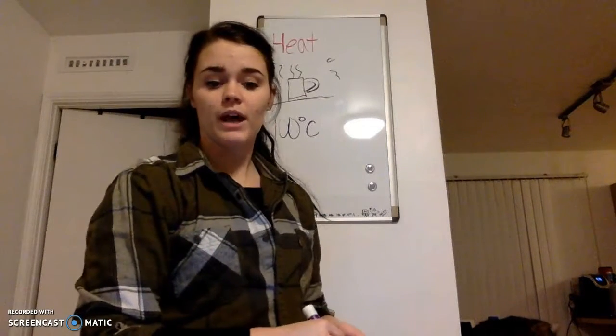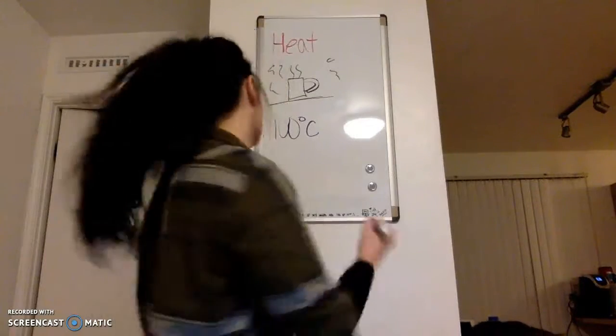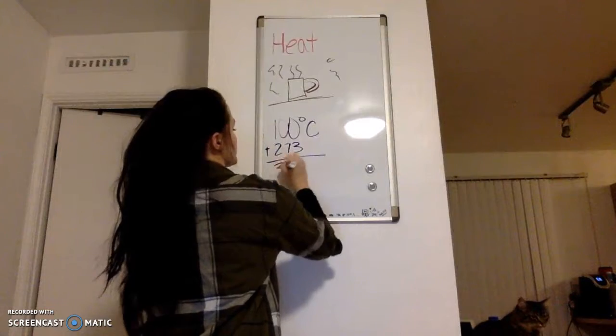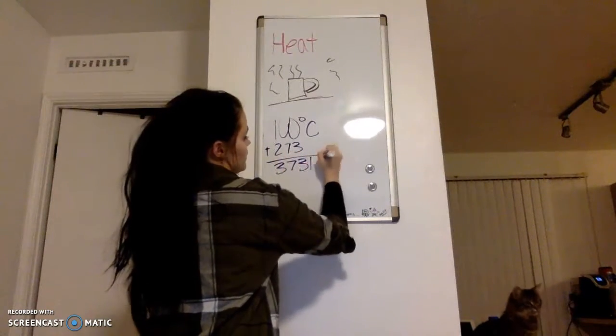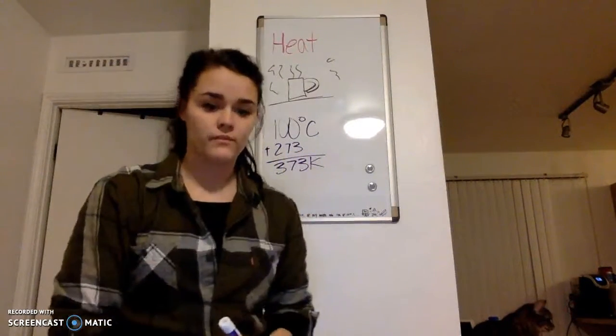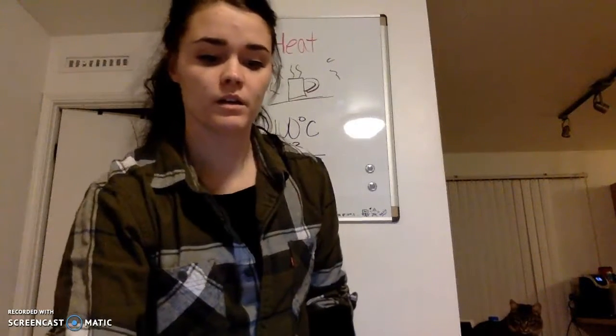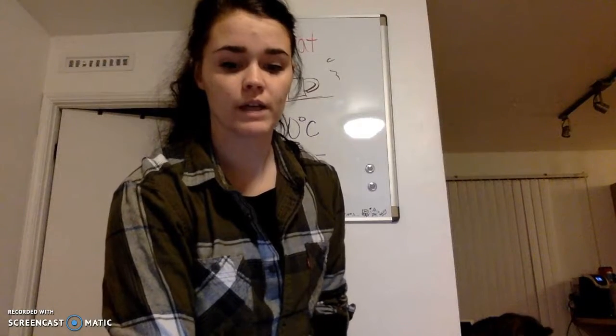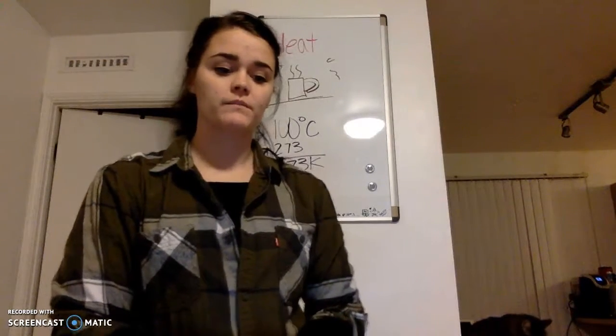And then you just simply add 273 to that. 273, which we will then get 373 Kelvin. So water would boil at a temperature of 373 Kelvin while using the Kelvin system.